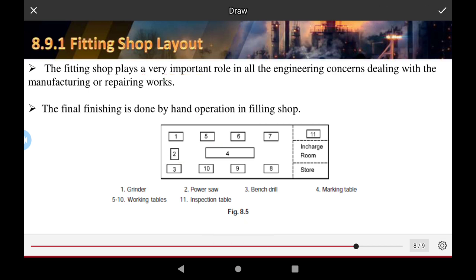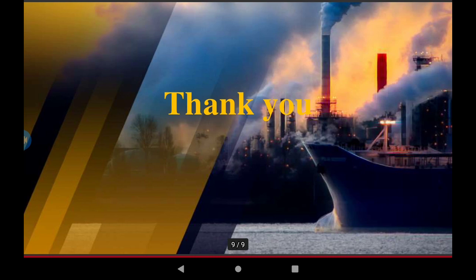The third is the bench drilling machine, and the fourth is a marking table for the whole component. The fifth is the working tables, and all the area of the working tables. Then the finished product is checked and stored in the store room. Thank you so much.